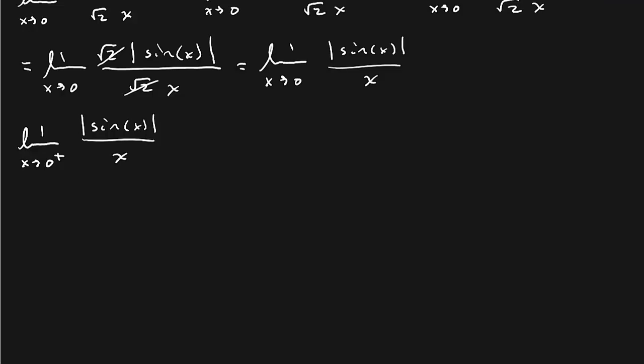All right, and you can see when we plug in the 0, we get 0 over 0. So we can actually write this as the limit as x goes to 0 from the right of sine x over x. Okay, because we're coming into 0 from the right and we're plugging in positive numbers.